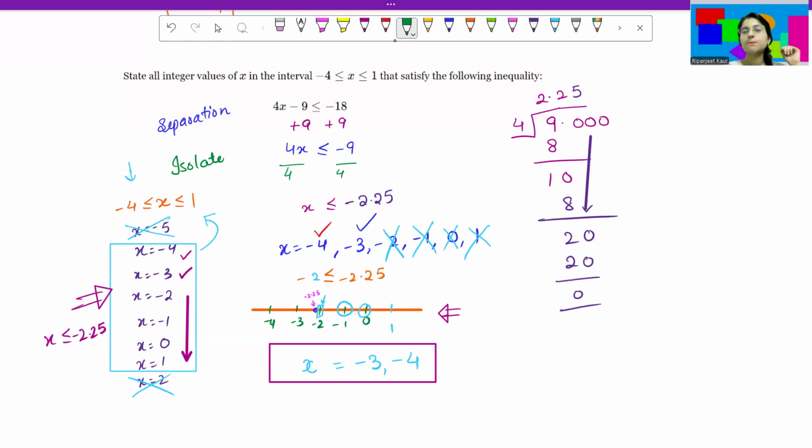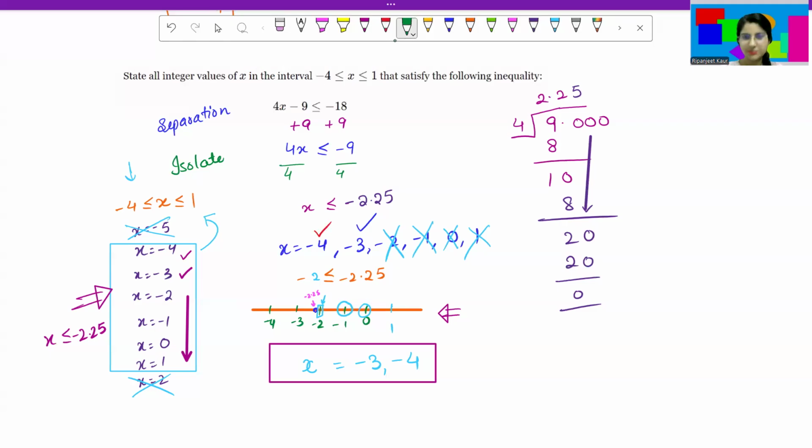So we figured that x equals 1, 0, negative 1, negative 2, negative 3, negative 4 are all satisfying. Then we see if those six numbers are also following x less than or equal to negative 2.25.